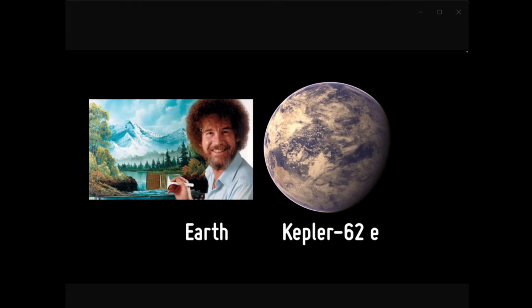So the continents are probably not in the right place, neither are the clouds. We don't know how much ocean there is, but this is probably not a bad representation of this place. And it's something that really appeals to our human senses.